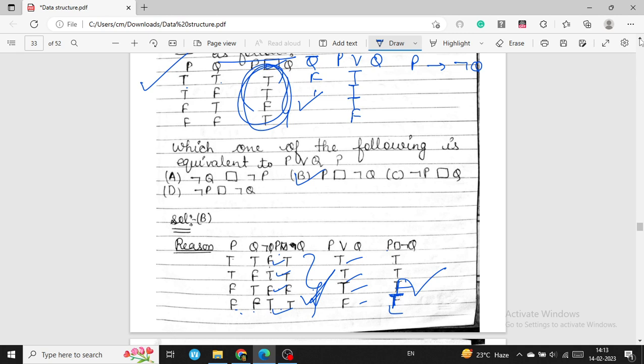True, false, false, true, false, true. P implies not Q: true, true, false, true. This is the answer.